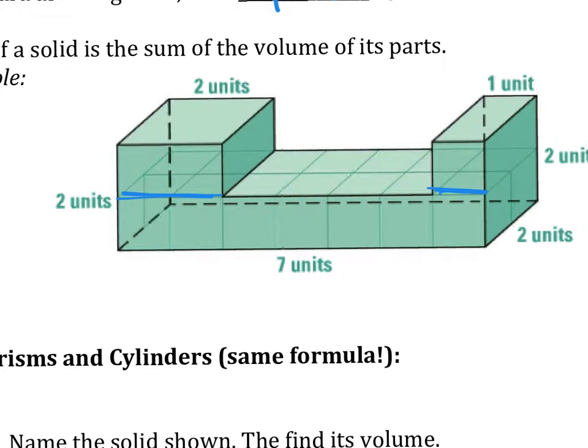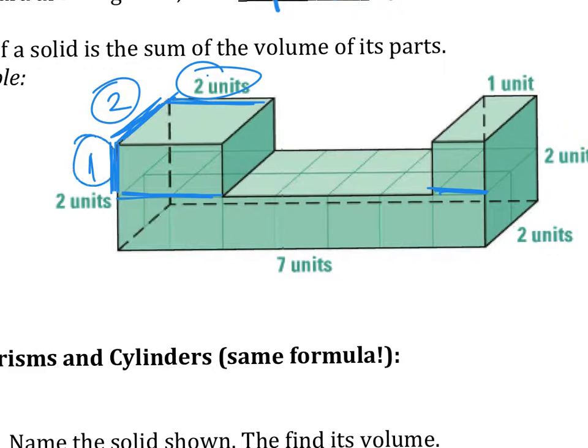Let's start with this. What's this length right here? 1. How deep is it, or what's its width? 2. And its height is 2. Over here, we need 3 numbers: length times width times height.